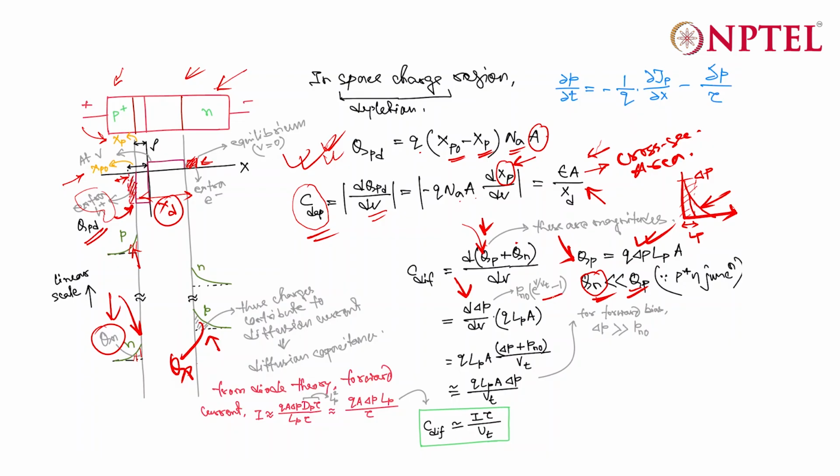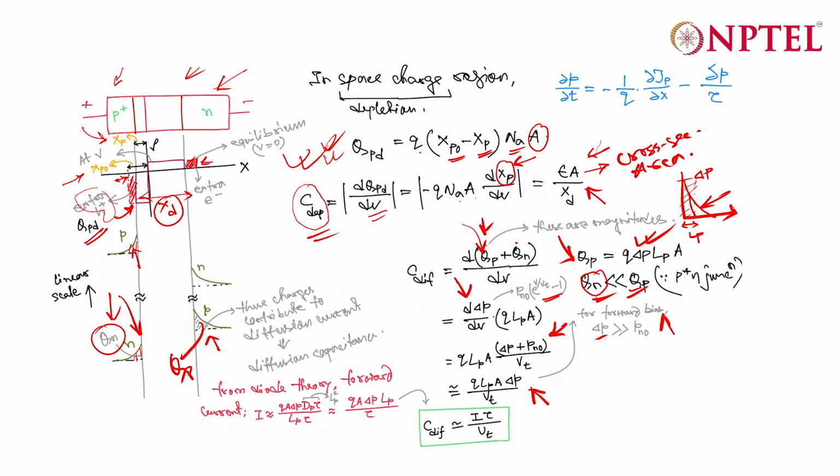Now put the value of delta p, which is pn0 times e to the power V by Vt minus 1. So you will have an expression of this, that is q Lp A delta p by Vt, because in this case you can neglect the pn0 because your delta p will be much higher than pn0 under forward bias, that we already have seen.